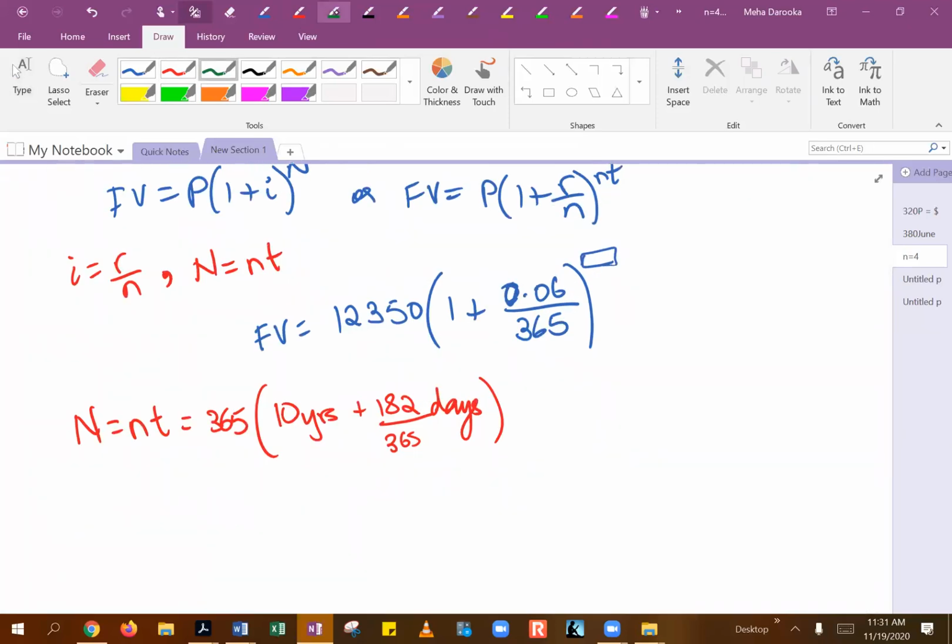So what happens when you do this N times T, or calculating that exponent over here? This 365 will have to be distributed between these two quantities in our T time for the year.